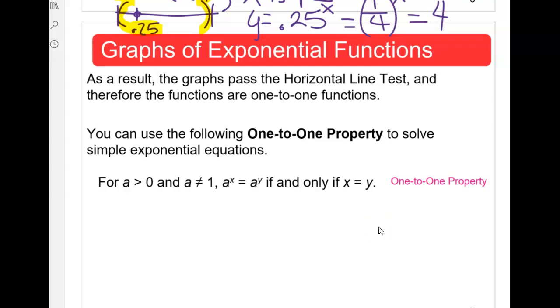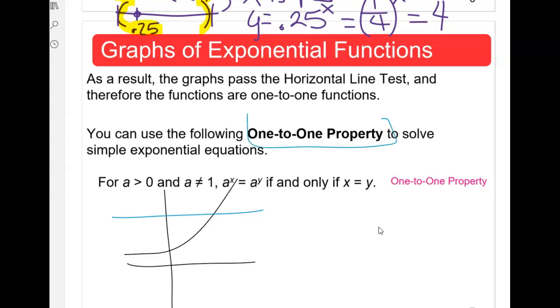So one of those properties is the one-to-one property. It's pretty obvious that with the graphs that we just did, if you perform the horizontal line test to test for the one-to-one property, it will pass it because it will only touch the graph at one point.